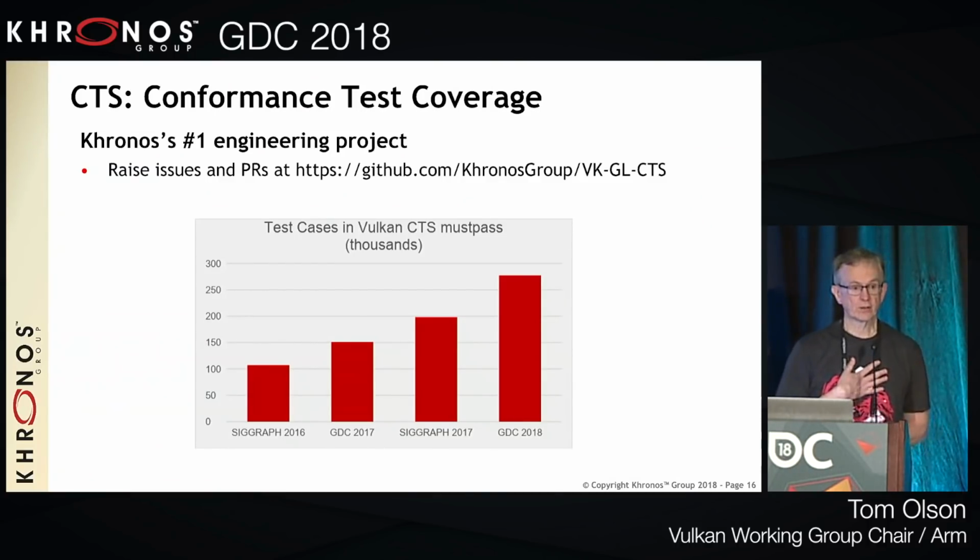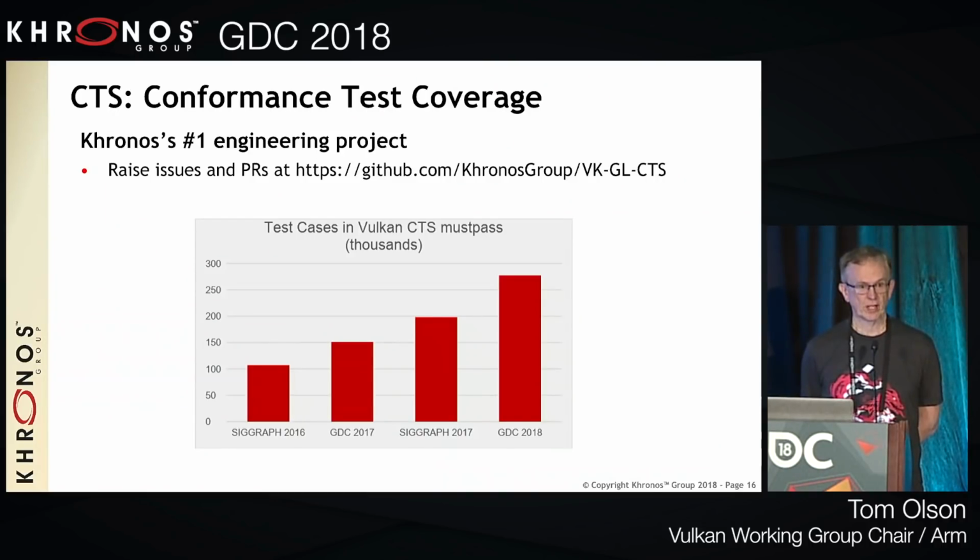One other thing that the working group's been doing, we take conformance testing deadly seriously. We view driver bugs and driver implementation inconsistencies quite seriously as an existential threat to Vulkan. If you can't trust your driver, well, you can't trust your driver. But we want you to be able to trust it. We want to make it better continuously over time.